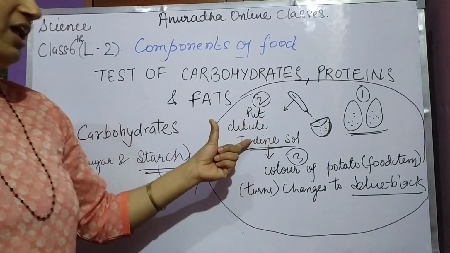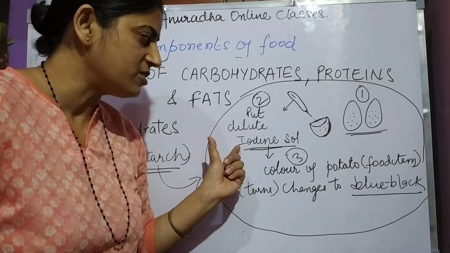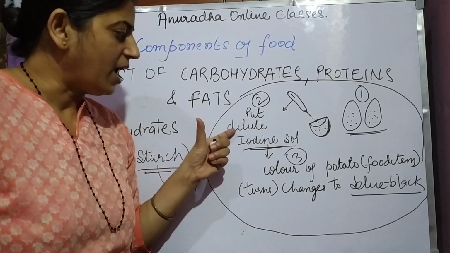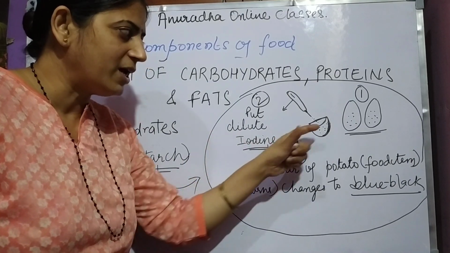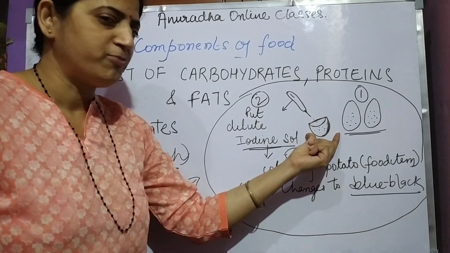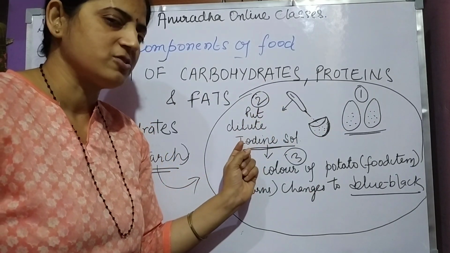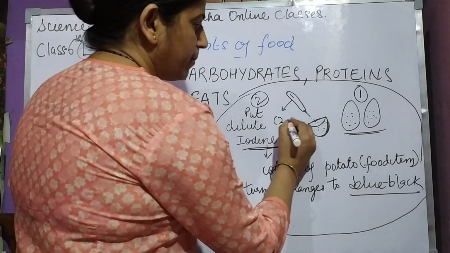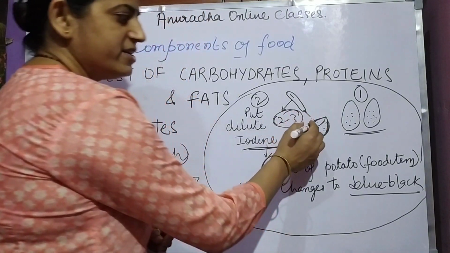So you can have dilute iodine solution, meaning liquid iodine solution. You cut the potato, took half a potato, took iodine solution in a dropper, and put 2 or 3 drops on it. You put 2 to 3 drops in it.